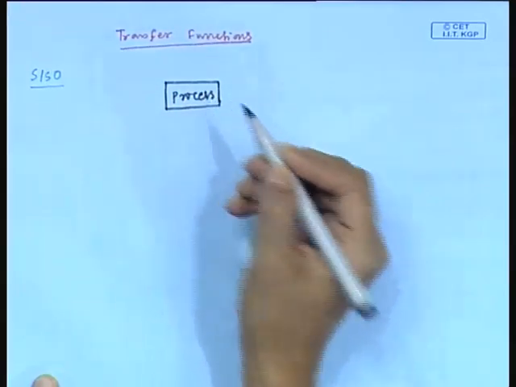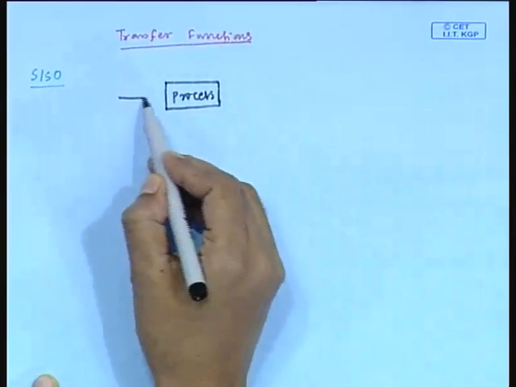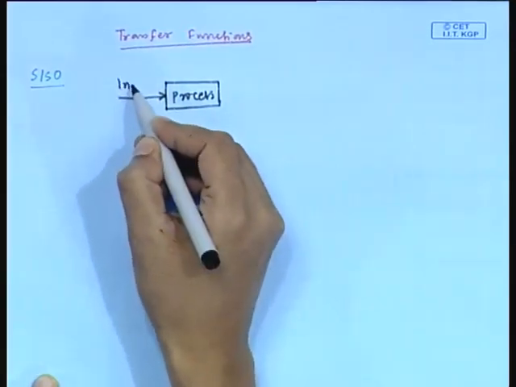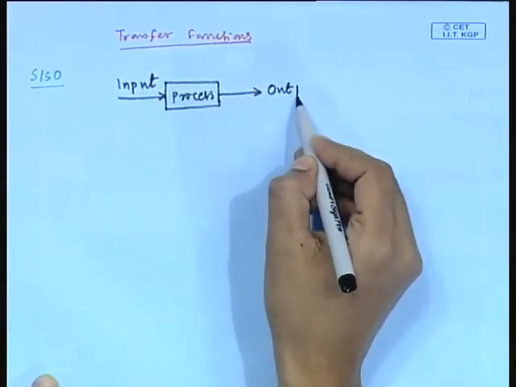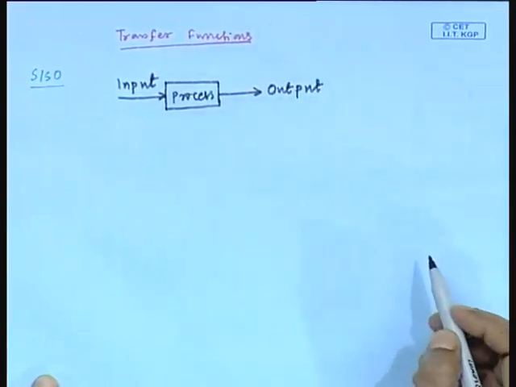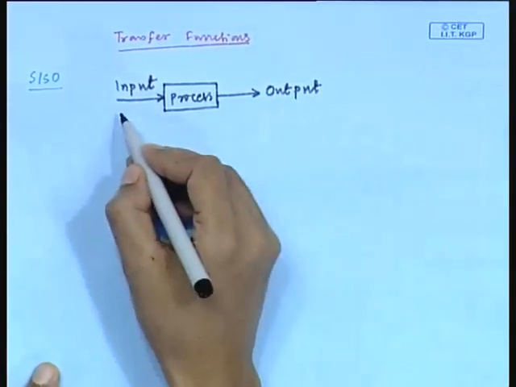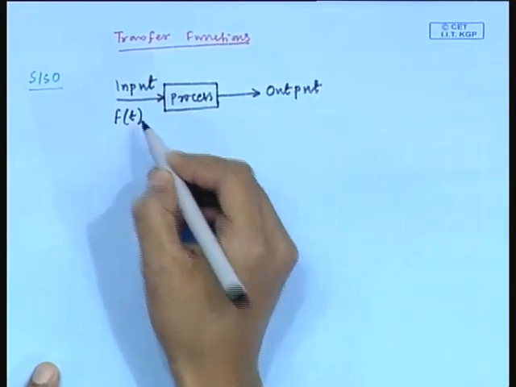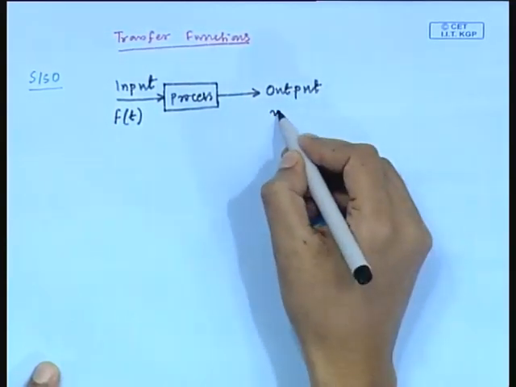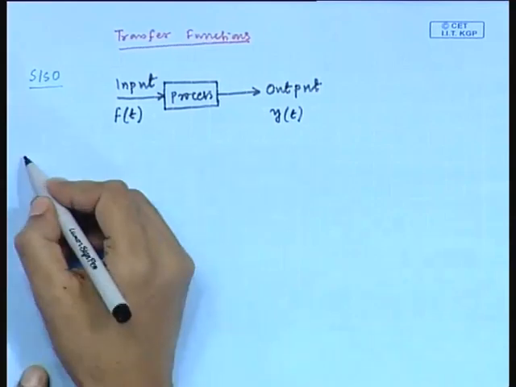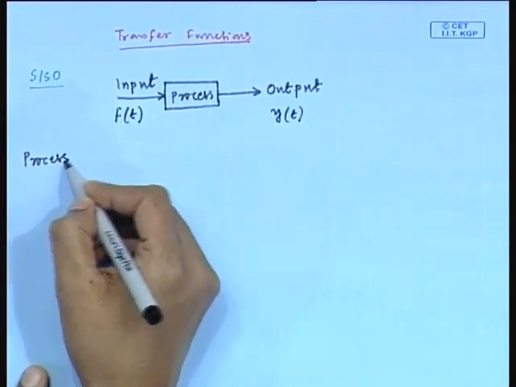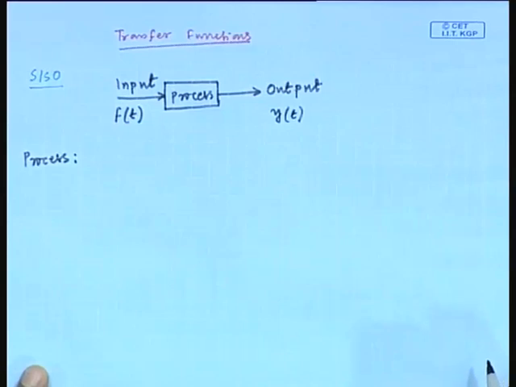Suppose this is a process, this is the input to the process and this is the output of the process. We have represented the input by f(t) and output by y(t), and the process is modeled by an nth order linear or linearized nonlinear equation.